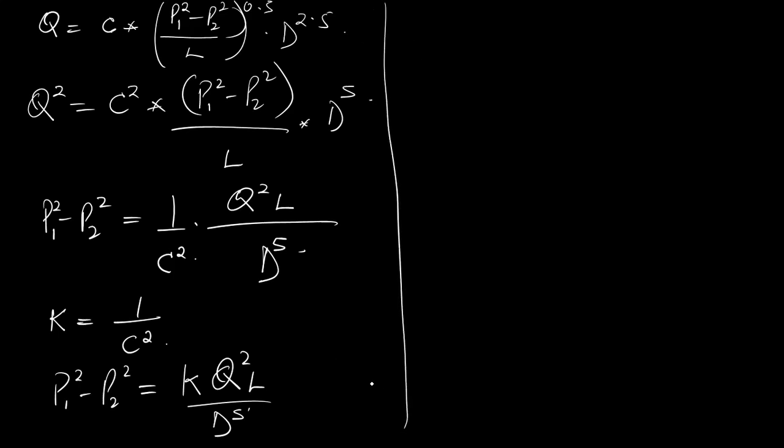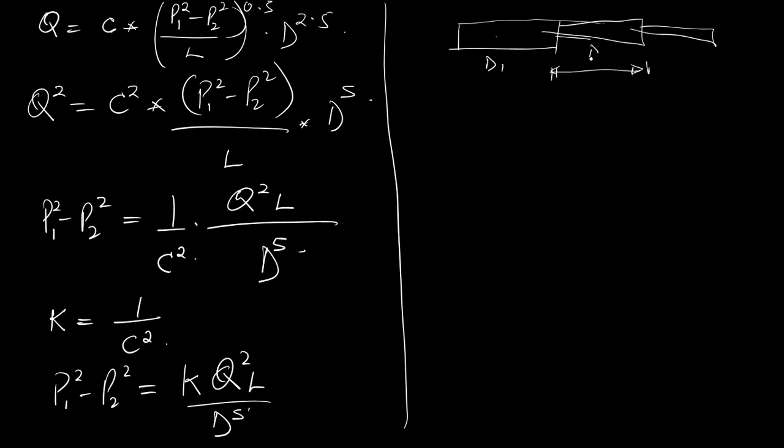So now, to calculate the equivalent length of a pipe segment, we want to change the diameter of this pipe segment to be equal to this one. This is D1, this is D2, this is D3.